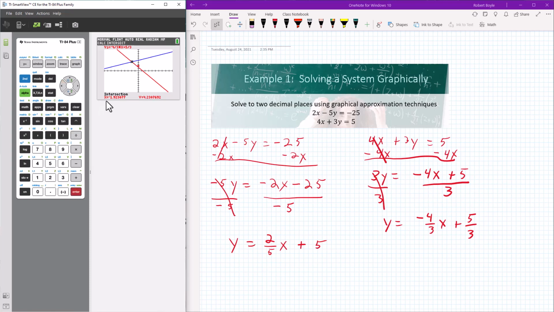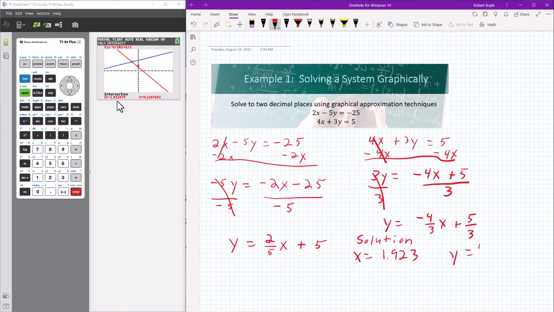Okay, and this value right here is our intersection. The solution, or the intersection, occurs when x is equal to 1.923 and y is equal to 4.320. Now, while I go to the third decimal place, we are going to 2 decimal places. So we need to round.